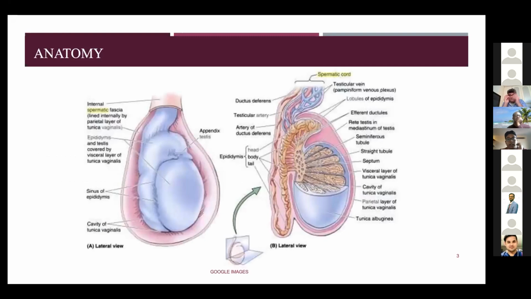So regarding anatomy, the testis is an oval symmetrical structure suspended by the spermatic cord in the scrotum, two in number. Usually the left testis lies lower than the right one.